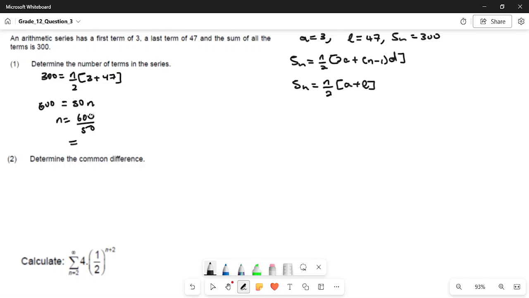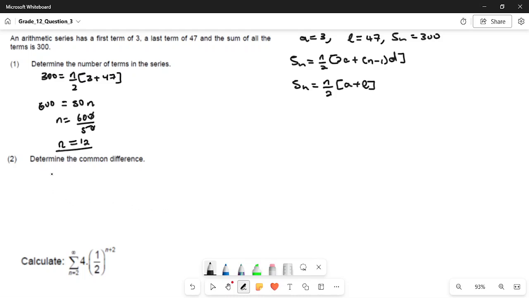So the number of terms, 5 into 60, okay, 12. That means the number of terms that we need to add to get 300 is 12 terms.